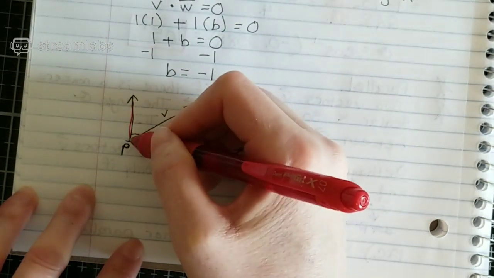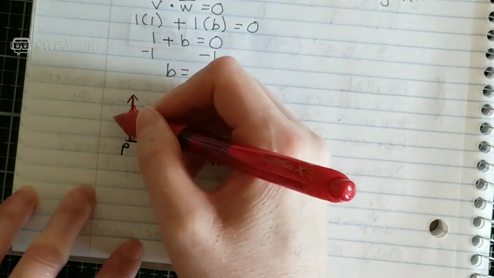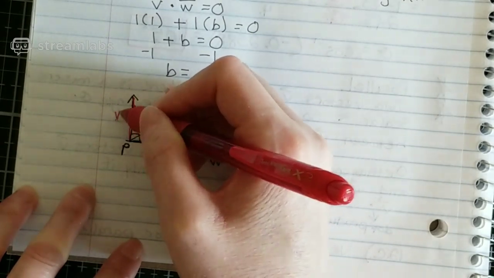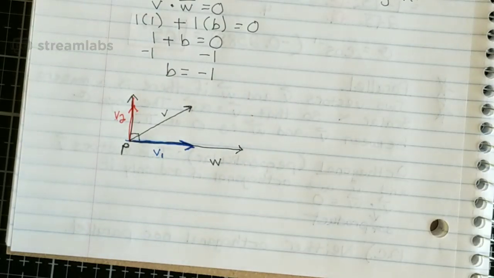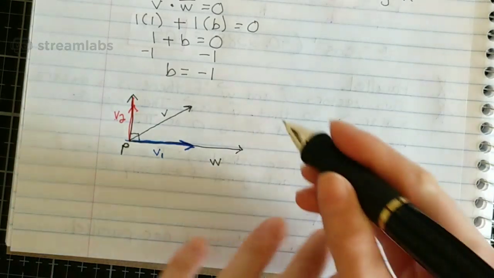So that would look this way. So this would be your V2. So vector 1 is called the vector projection of V onto W.